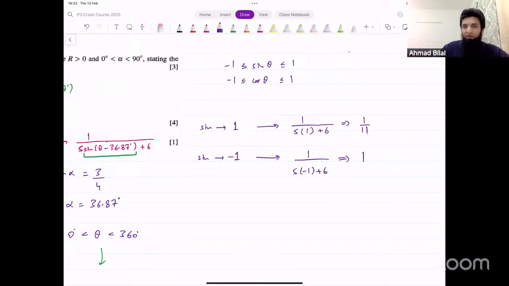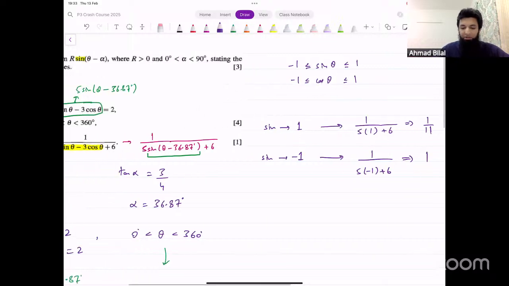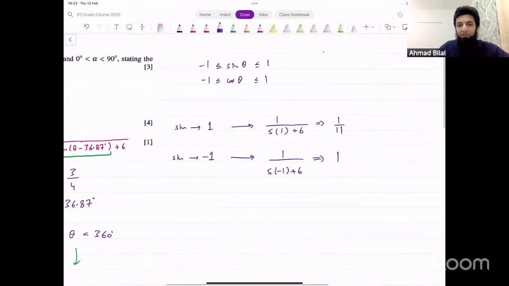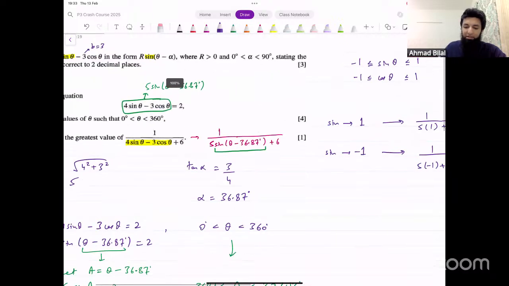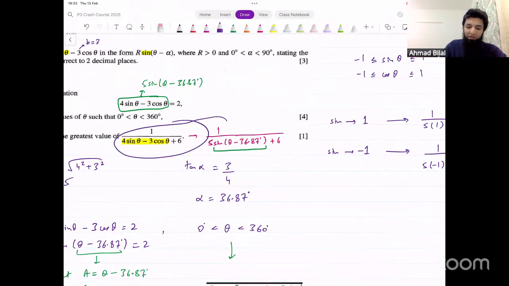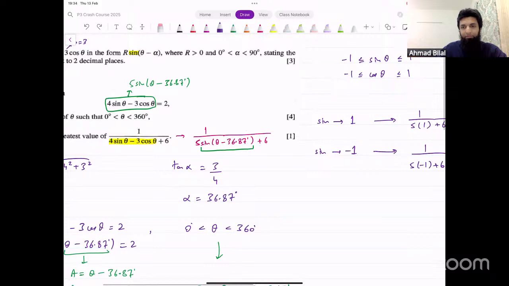One of these values is the least value of that fraction, and the other value is the greatest value of that fraction. Whichever is the smaller value, you would say this is the smallest possible value. The bigger value is the greatest possible value of that fraction. So 1 is what we are looking for. The greatest value of this fraction is 1.